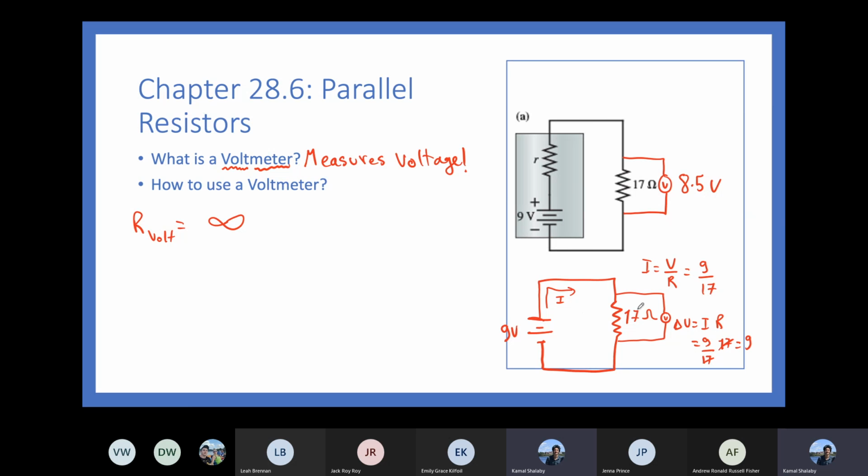So if this is the only resistor in the circuit, you will find it to have the same voltage as the battery, 9 volts. But if you measure it and find it's less than the total voltage of the battery, that means the voltage is being distributed somewhere else, and that goes into this small r, the internal resistance of the battery. So how do we find the internal resistance of the battery with the information that we have?